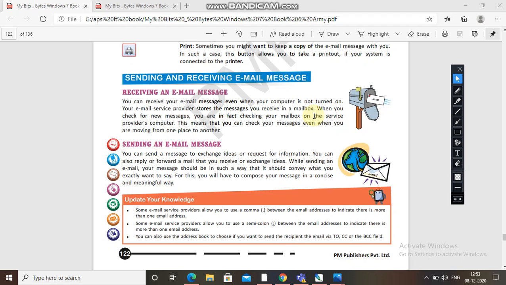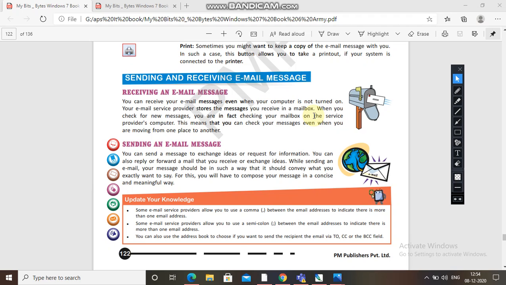Some email service providers allow you to use a comma between the email addresses to indicate there is more than one email address. If you want to write more than one email address, then you have to use a comma.